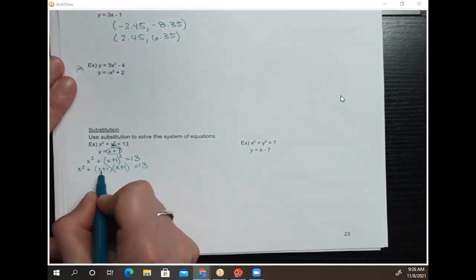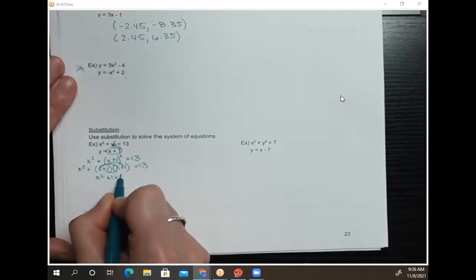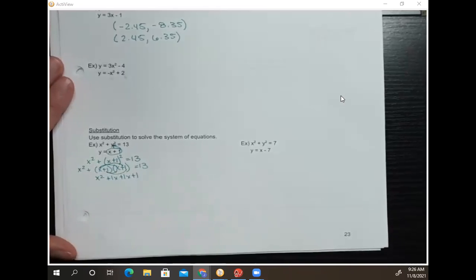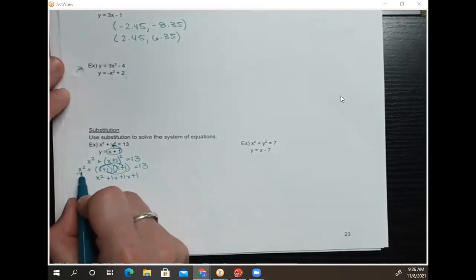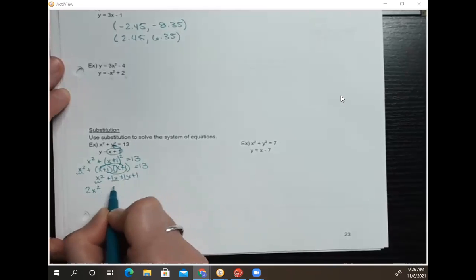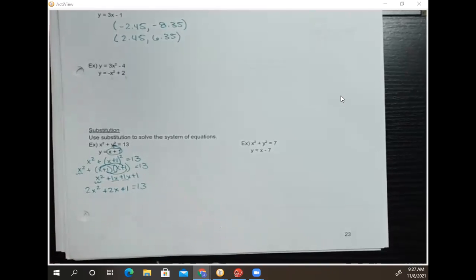So now I want to distribute here. That gives me x squared plus x plus x plus 1, and I'll combine my like terms. So I have 2x squared plus 2x plus 1 equals 13. From here, I can solve using any of my quadratic methods.